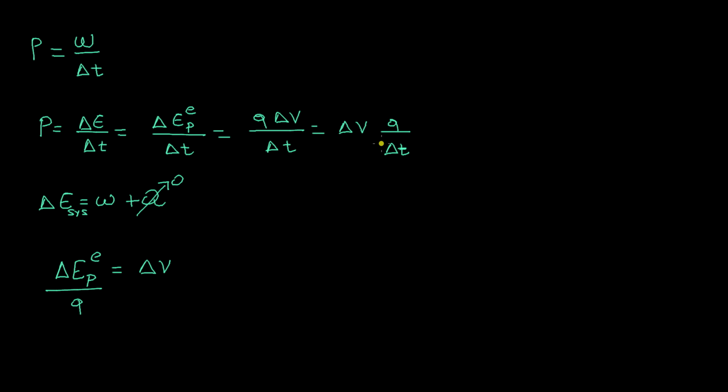If I assume that I'm working with a small time period and a small charge delta Q, then by definition delta Q over delta T is what we defined as the conventional current.